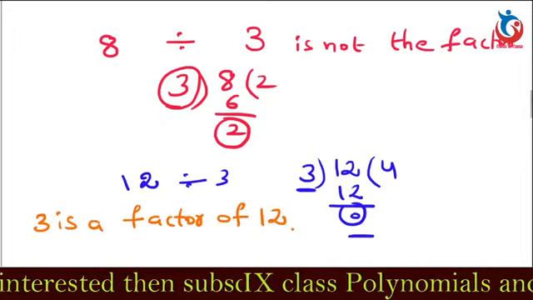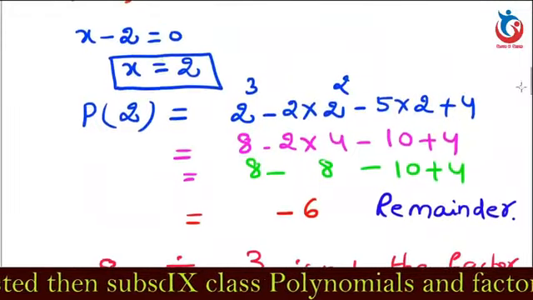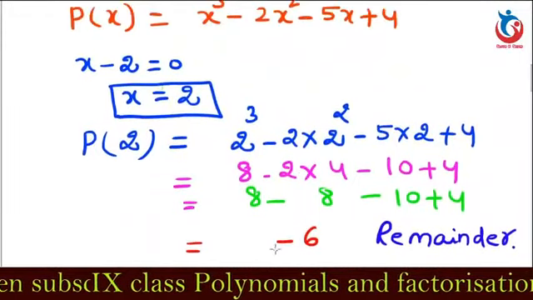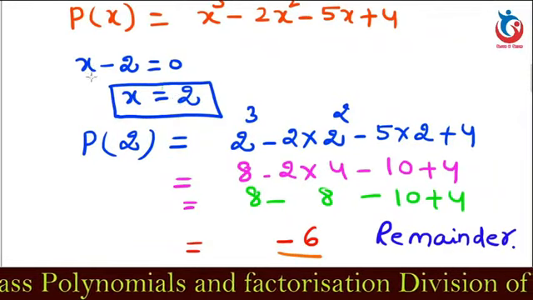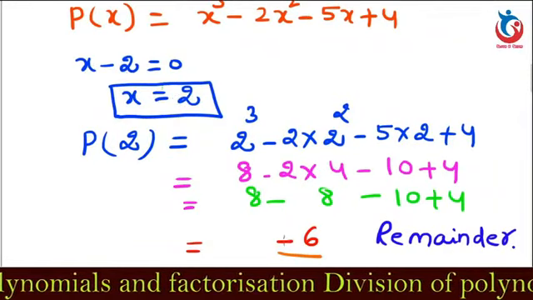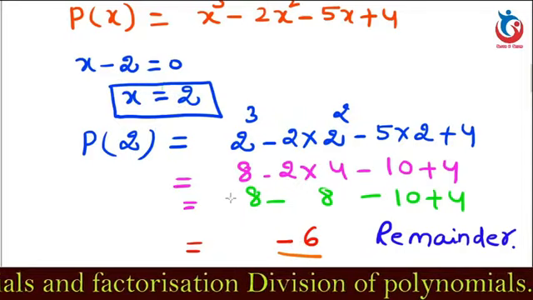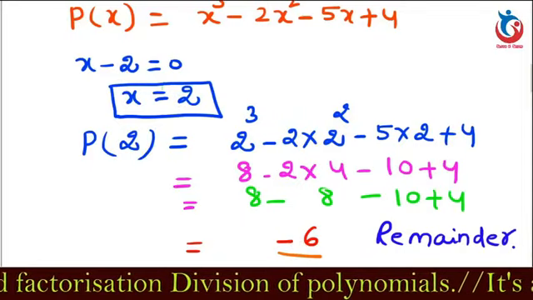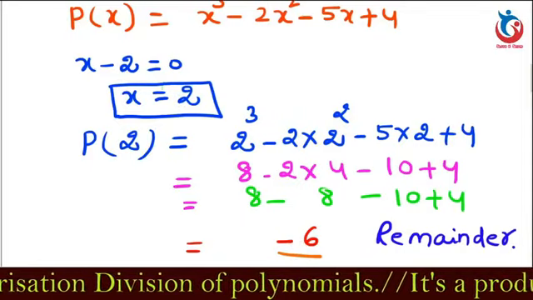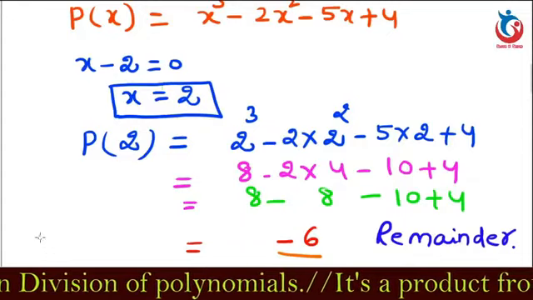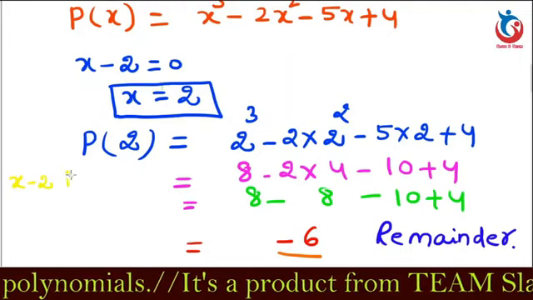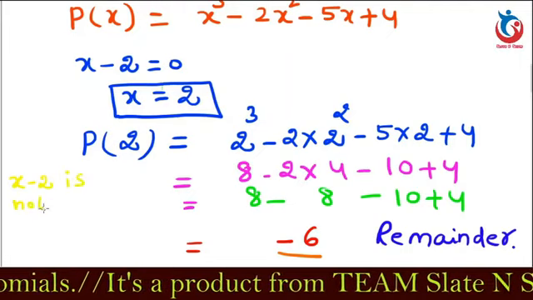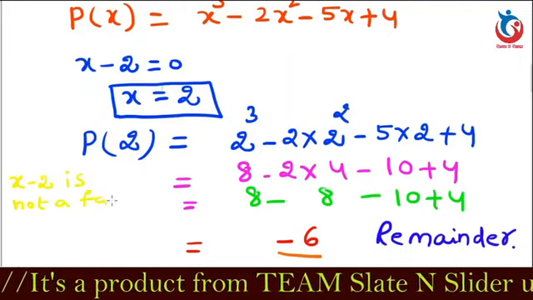Same way here also, if we get the remainder 0, then we can say that x minus 2 is a factor. Here we got the remainder minus 6. That's why we write that x minus 2 is not a factor.